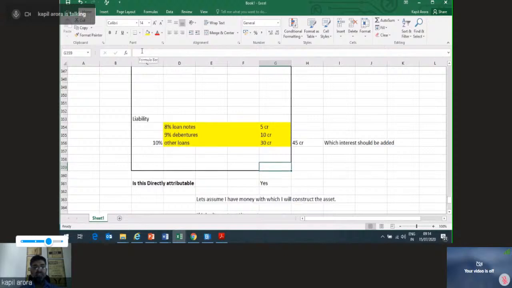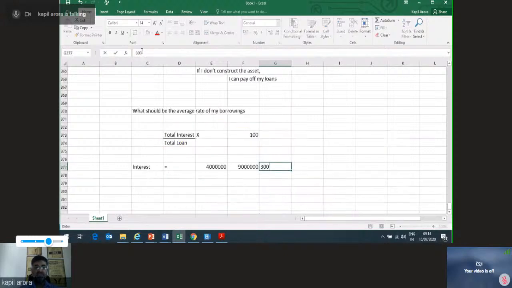And 10% on 30 crores, which is 3 crores. So my total interest which we have is 4 crore 30 lakhs.